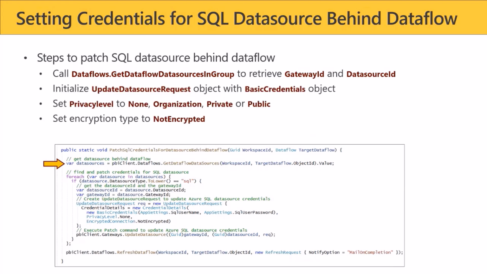Other than that, nothing else changes. So the idea is you get back a data source, whether it's for a data set or a paginated report or a data flow, and you basically call gateways.update data source.